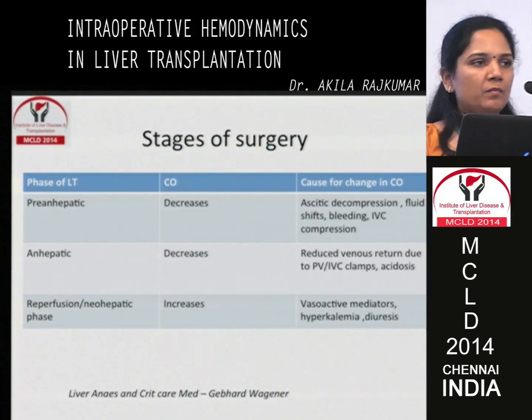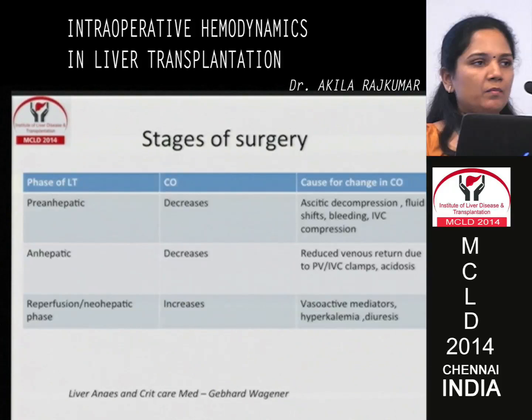So significant fluid shifts happen, and bleeding can happen quite extensively sometimes. It's because of the portal hypertension, sometimes when there is previous abdominal surgery, presence of TIPS, all of these can cause extensive bleeding. And of course, the surgical manipulation, which can cause twisting of the cava and IVC compression. So all these can cause a decrease in cardiac output.